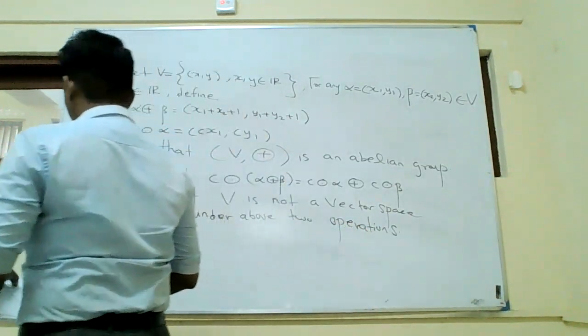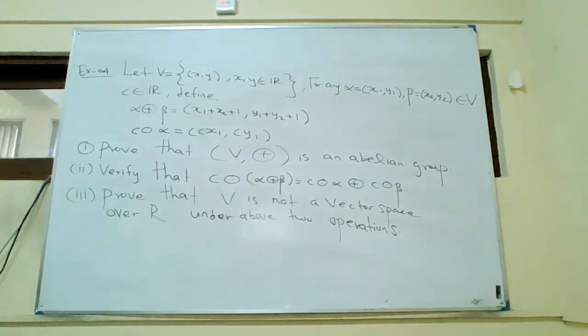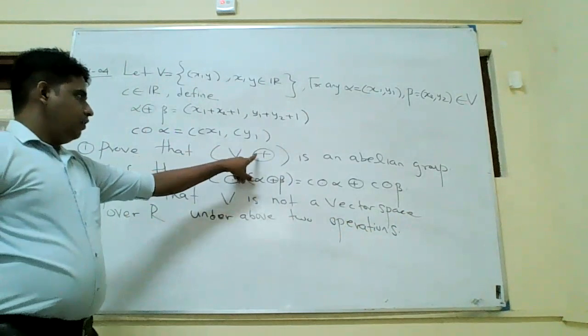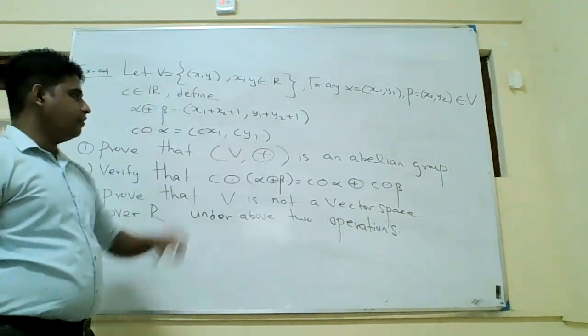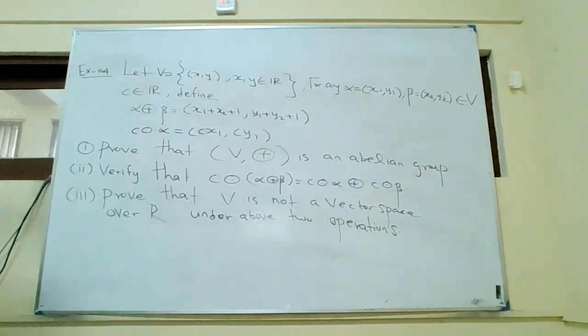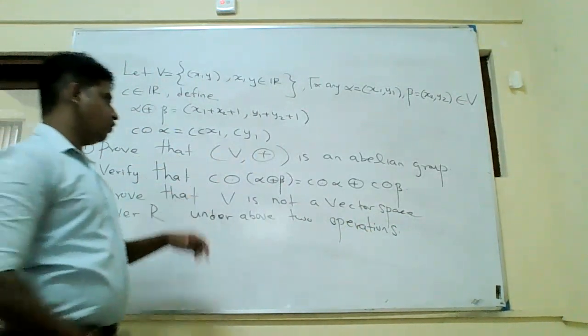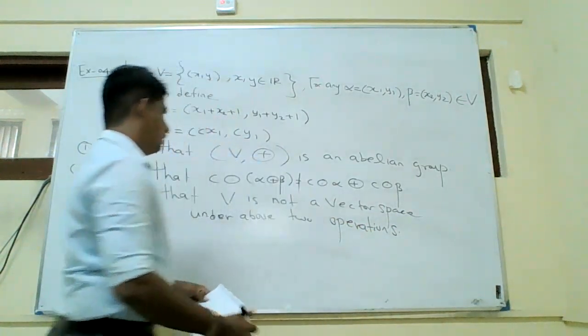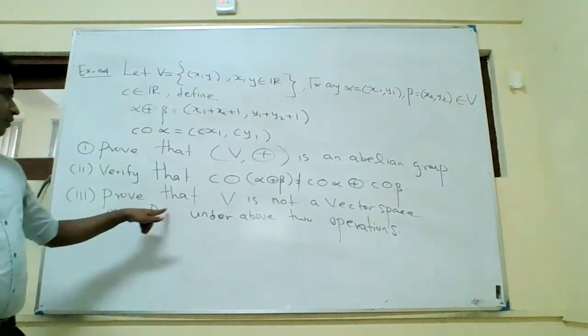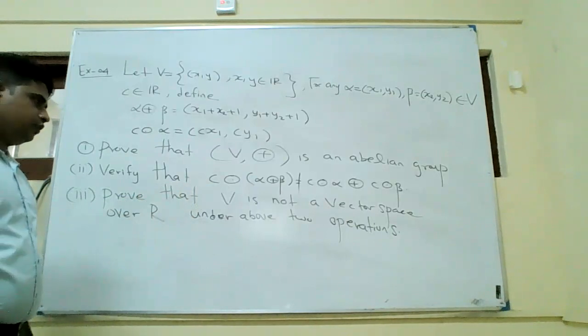There are three questions. The first question asks that this vector addition is an abelian group. Then verify that this condition is not satisfying. Then prove that B is not a vector space.